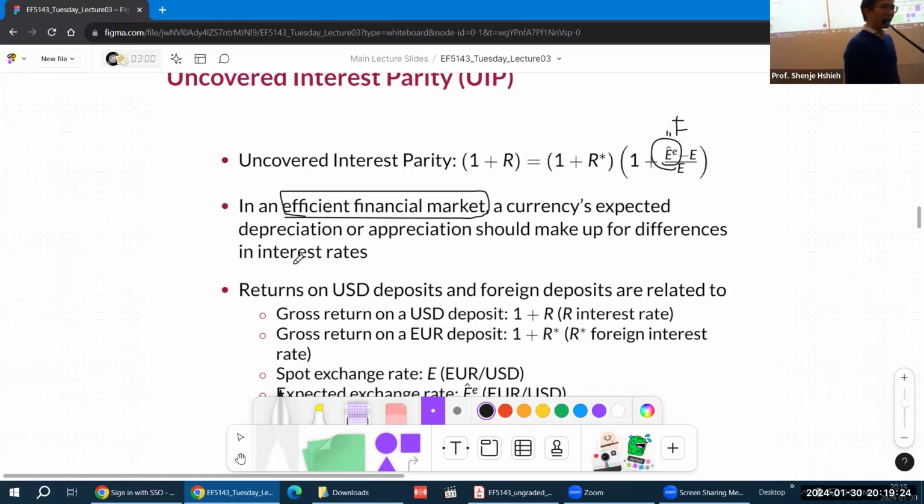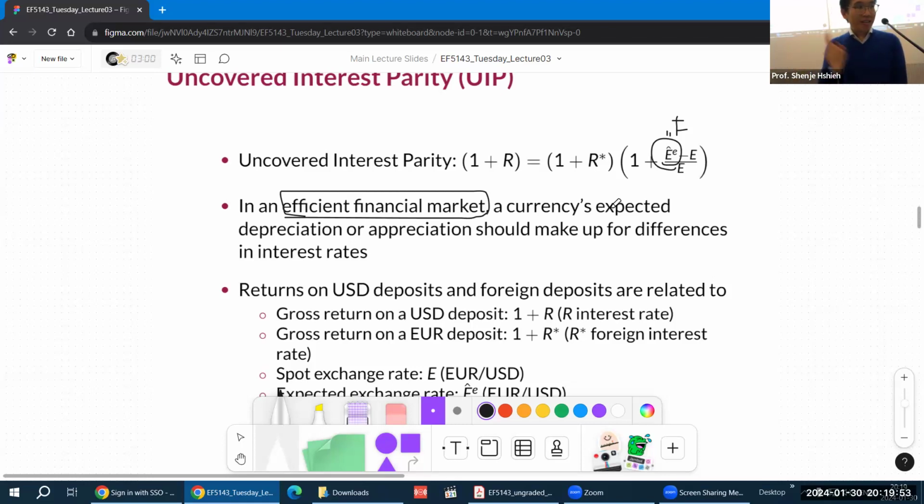But when we have the efficient financial market assumption, it means that all information is instantaneously incorporated in the market price. Any new information is all in the price. That also means that different types of information are incorporated in the price, private information as well as public information.